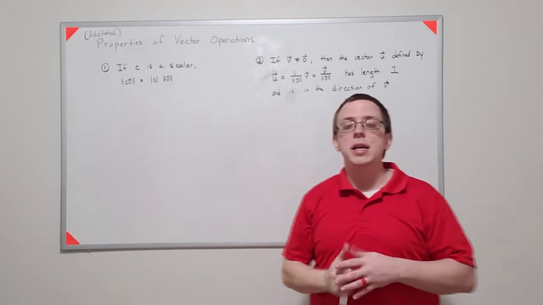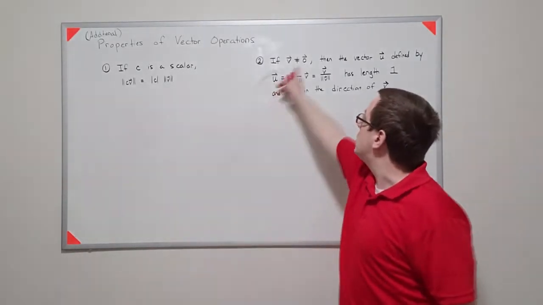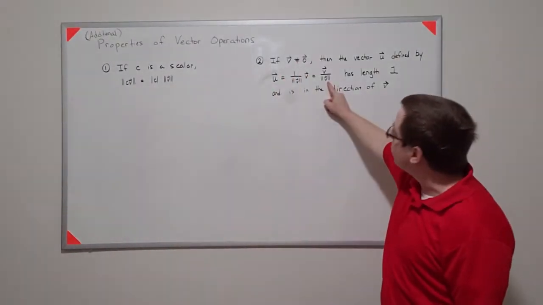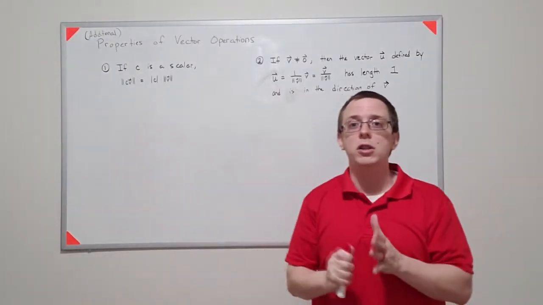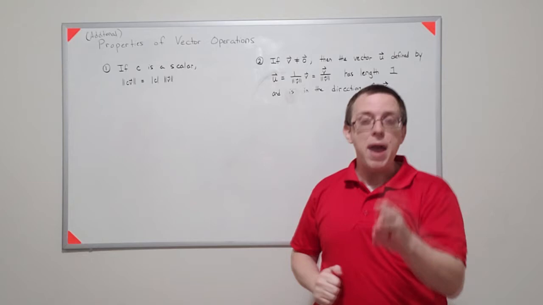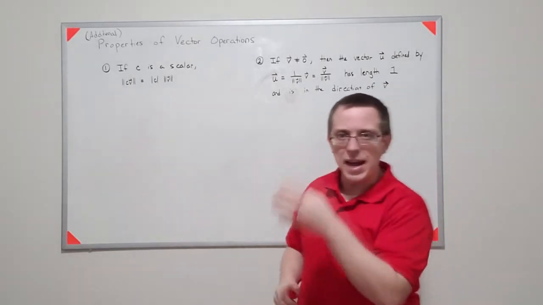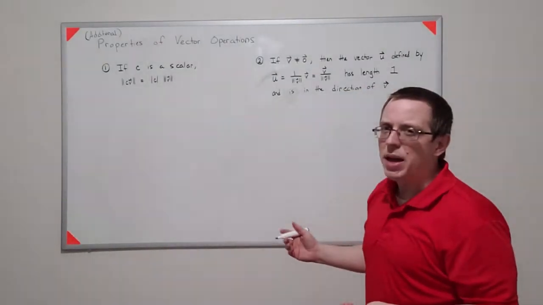What that tells me is that for any vector v that's not 0, because then your magnitude would be 0, I can always make a unit vector that points in exactly the same direction. And that kind of makes sense, right?